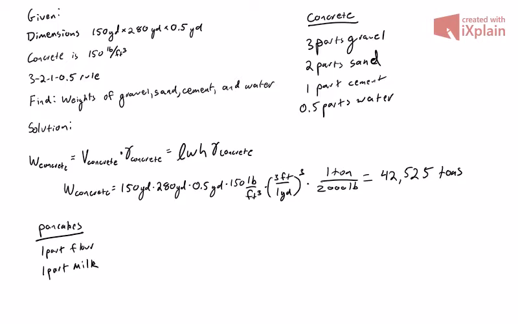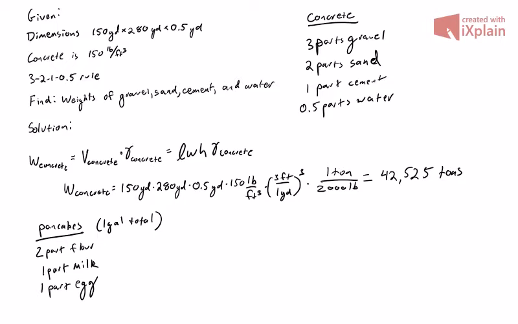Now, if that recipe were 1 part flour to 1 part milk to 1 part egg, and I still needed 1 gallon of total mix, most of you would just jump ahead and be like, hey, that means 1/3 of a gallon, 1/3 of a gallon, 1/3 of a gallon if I still want 1 gallon total, right? And where it starts getting a little interesting is if instead of 1-to-1-to-1, it were 2 parts flour to 1 part milk to 1 part egg.